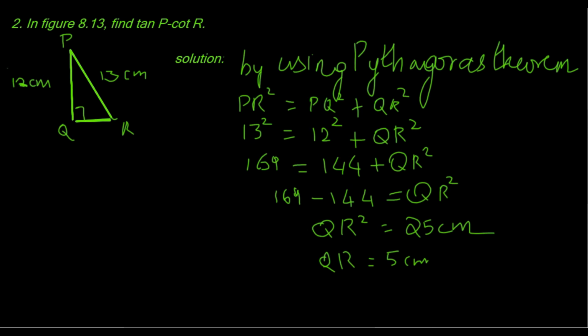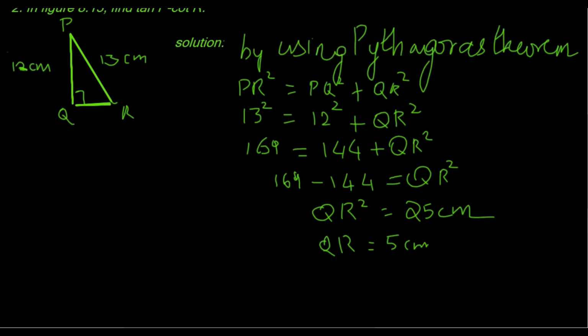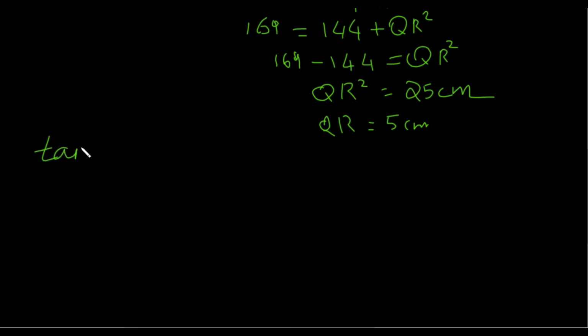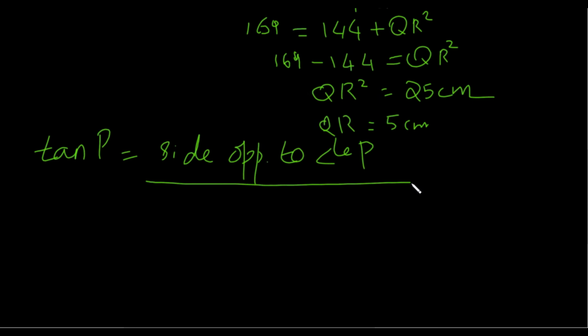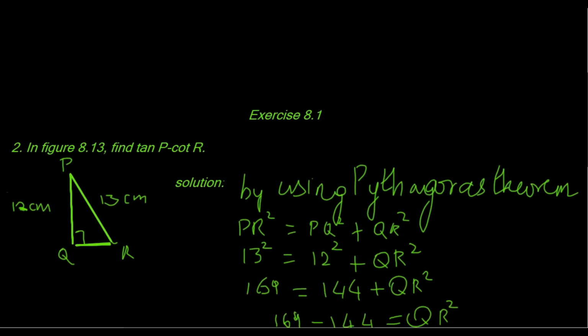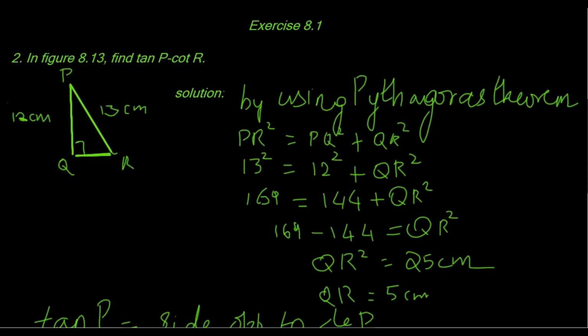Now since we have to find tan P, tan P is equal to the side opposite to angle P divided by the side adjacent to angle P. Now since we see in the diagram the angle P is located here, the side which is opposite to angle P is QR, that is 5 centimeters.